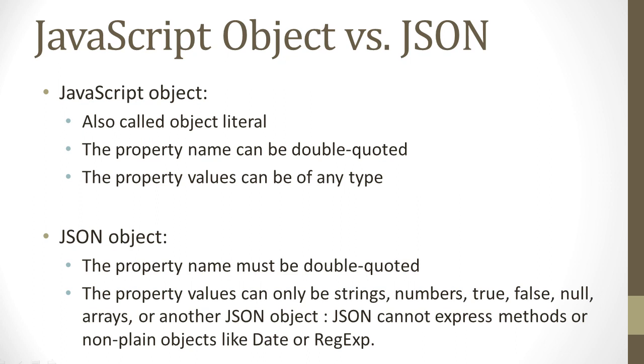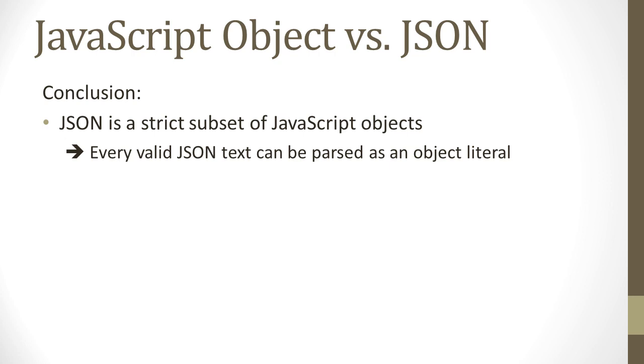However, for JSON objects, the property name must be written between double quotes, and the property value is limited to several types. It can be of type string, number, true, false, null, arrays, or another JSON object. This means that JSON cannot express methods or non-plain objects like Date. To conclude, JSON is a strict subset of JavaScript objects. This means that every valid JSON text can be parsed as an object literal.